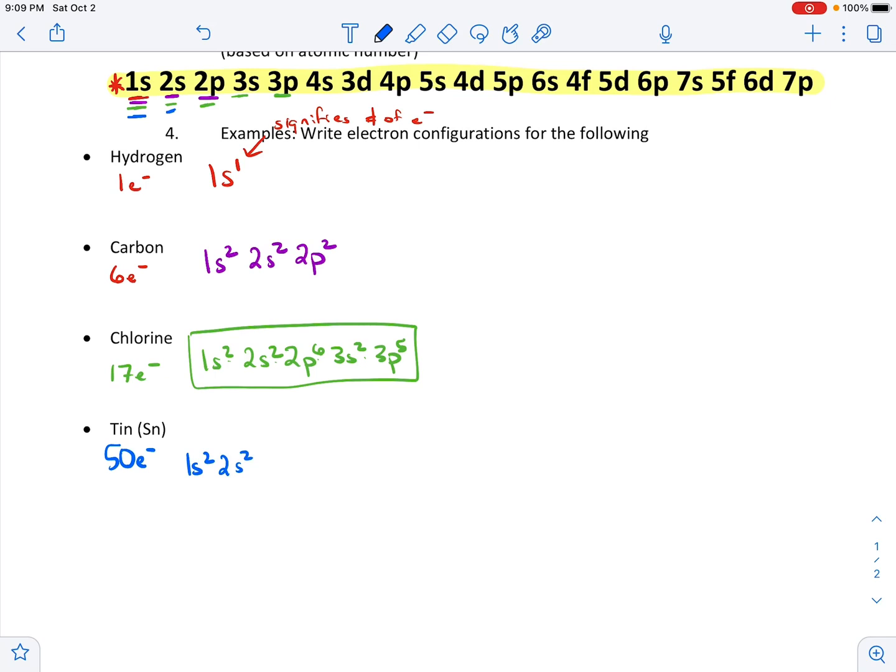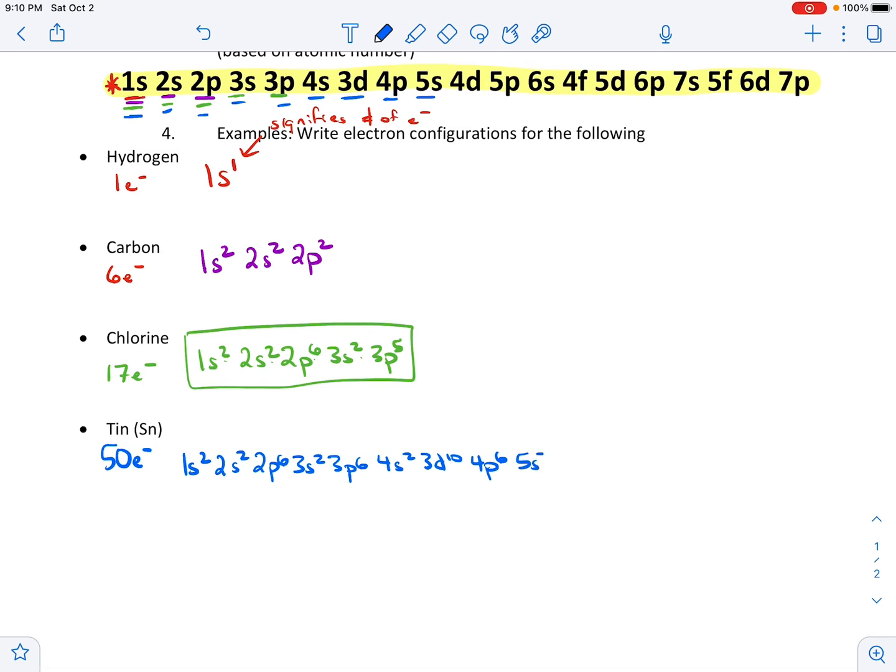2s2, all right, 2p6, we've placed 10, so we definitely have to keep going, we have 40 more, all right, so 3s2, 3p6, all right, 4s2, all right, now we're at 20, 3d10, we're at 30, all right, 4p6, that takes us through 36, so we got to keep rolling. 5s2, all right, we're at 38.